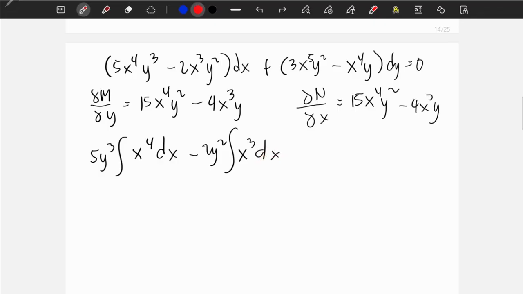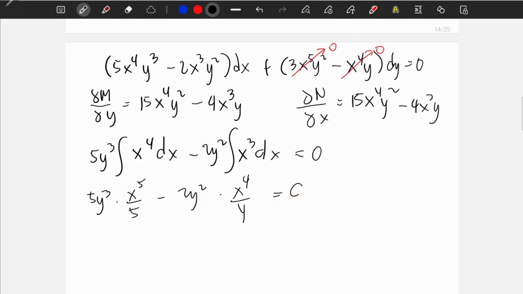For N, since it has function x only, this becomes 0. We copy 5y cubed, and the integral of x to the 4th dx is x to the power of 5 over 5, minus 2y squared, and the integral of x cubed dx is x to the power of 4 over 4, equal to c.